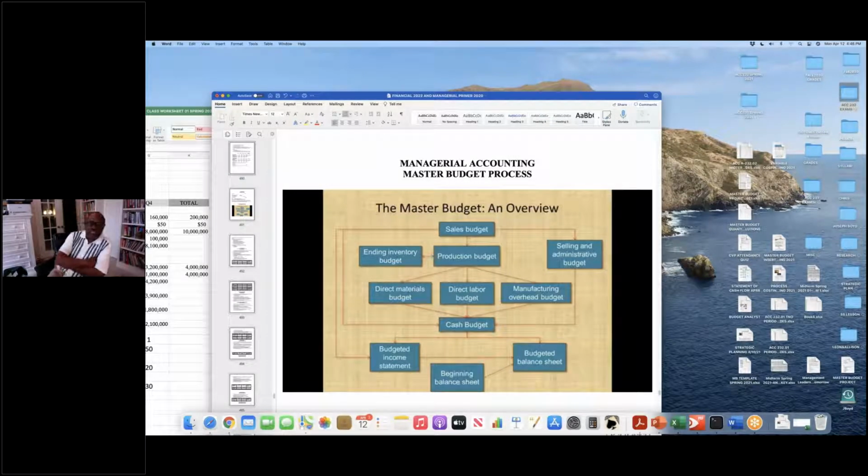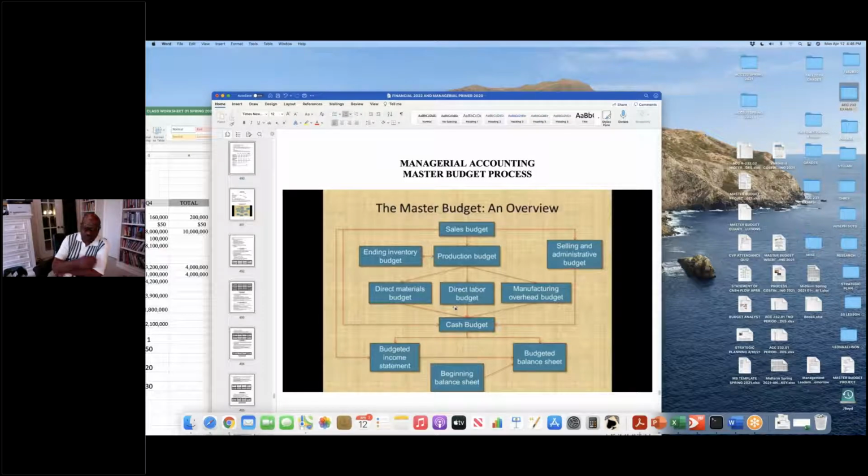For those businesses that are making things, when you get ready to do a master budget, you're going to have a sales budget, production budget, selling and administrative, manufacturing overhead, direct labor, direct materials, and a cash budget. Then you're going to have a budgeted income statement and budgeted balance sheet, and they're all going to tie together.